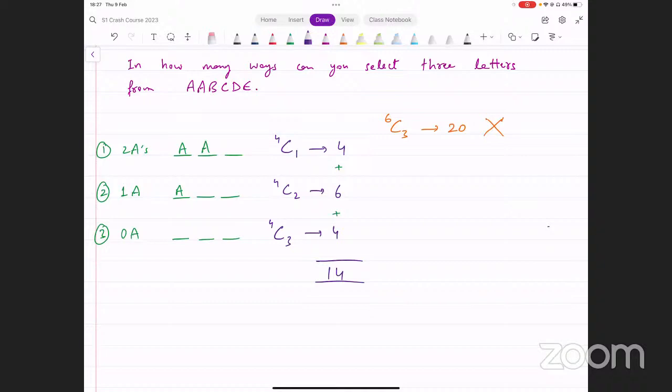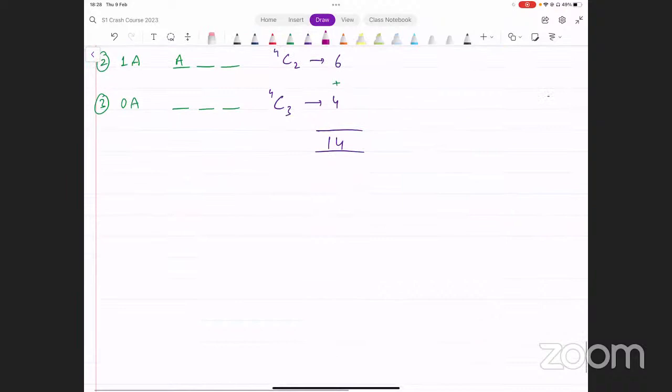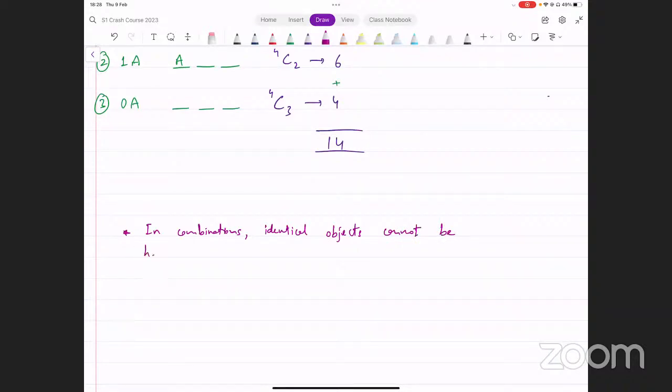So basically, in combinations, you cannot handle the repetitions or identical objects directly. Okay, let me just write that down here. In combinations, identical objects or repeated objects cannot be handled directly.